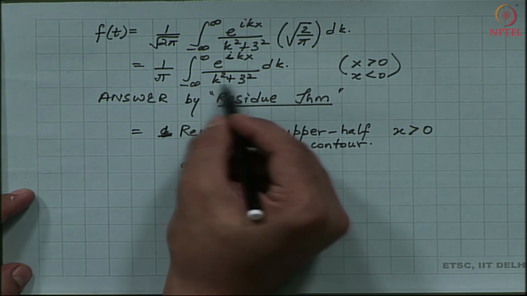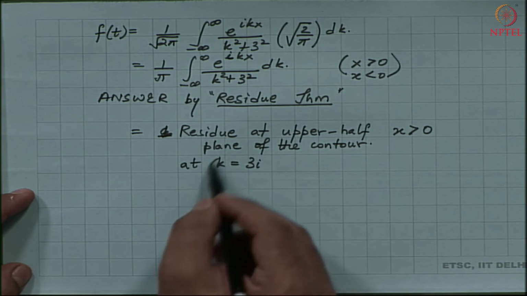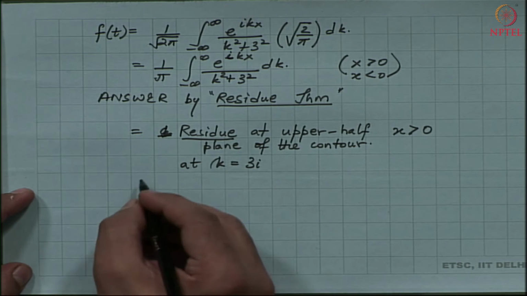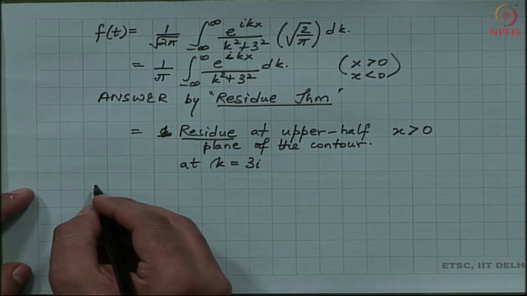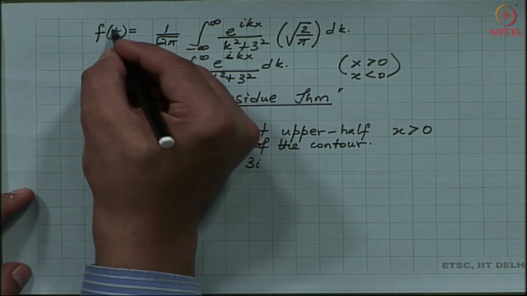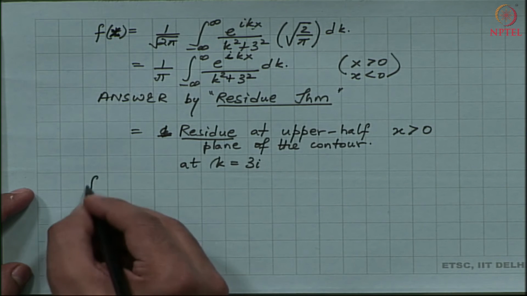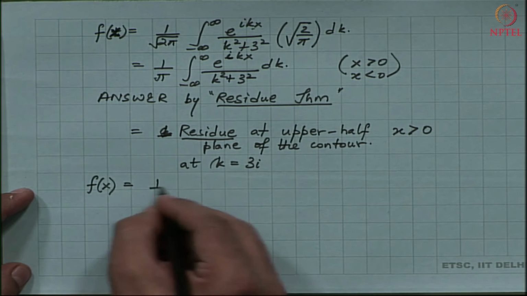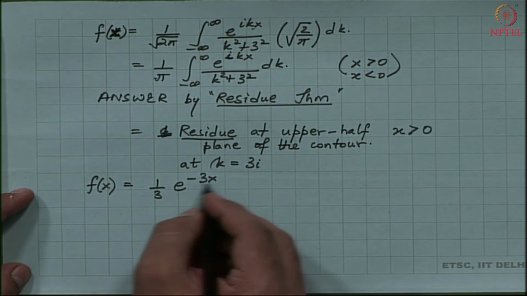Notice that I can factor this into k plus 3i, k minus 3i, right. The factor that gives me a positive root will be the one that contributes to the residue. Calculating the residue, I get that f of x, because it is evaluated at x, after doing all the simplification, is negative 3 e to the power negative 3x.